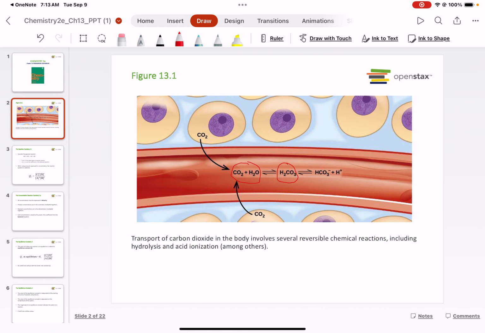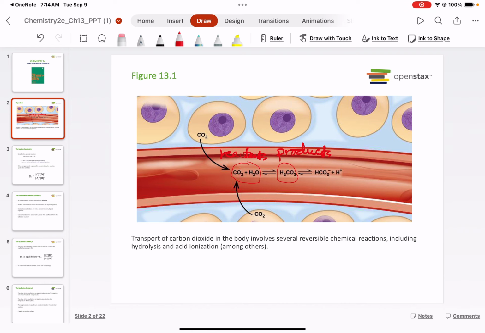Okay, now reversible reactions mean the reaction goes towards the products and can also go back to the reactants. When the rate of reaction going forward towards the right, and I'm going to keep saying towards the right from now on, the right means product, the left means reactants.